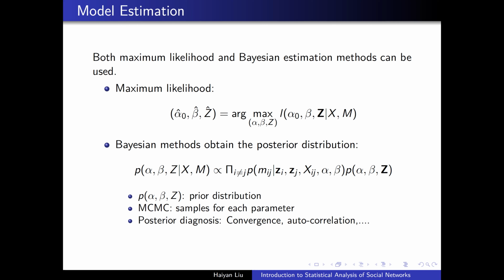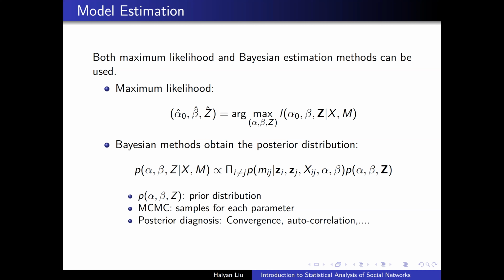To get a posterior inference, we would like to get a posterior distribution. However, very often we do not have an analytical form of the posterior distribution, or the posterior distribution does not belong to any known family of distributions. So how could we understand the posterior distribution?